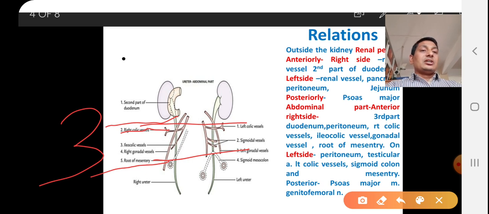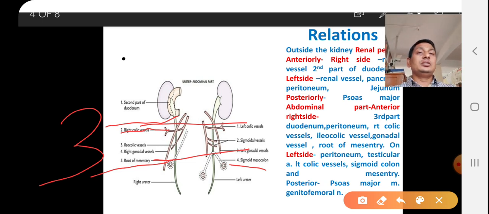On the left side it is related to the peritoneum, testicular artery, colic vessels and the sigmoid mesocolon. These are the relations of the abdominal part of the ureter.